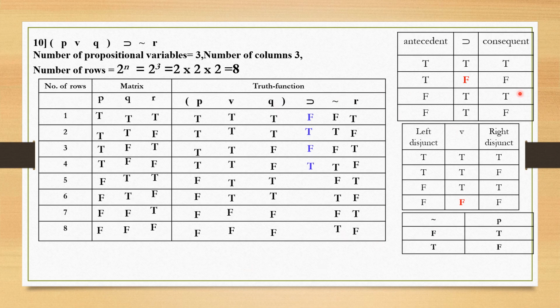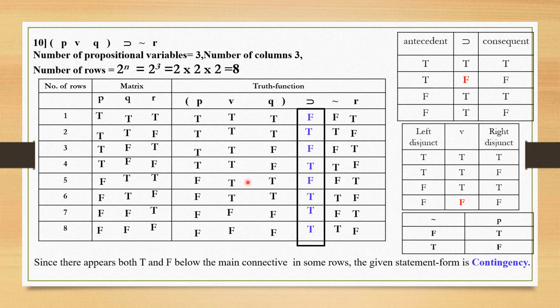Now, the implication values. Just follow the table. Left is true and the right is false, then it will be false. Left is true and the right is true, then it is true. Left is true and the right is false, then false. Both are true, then true. Where the antecedent is true and the consequent is false, then false.